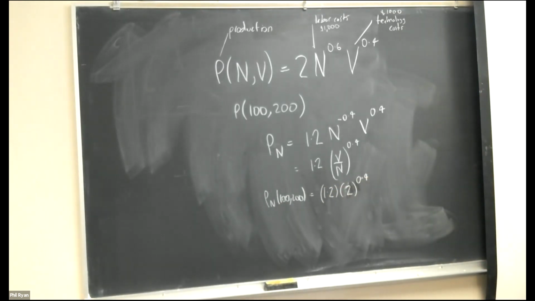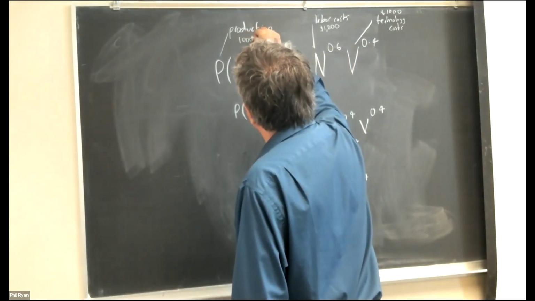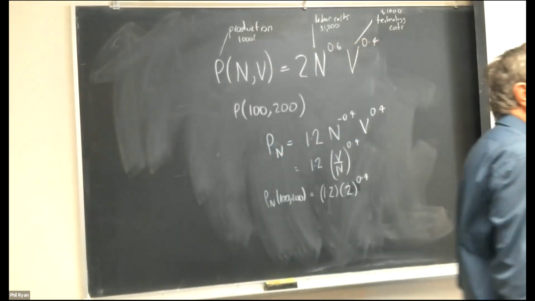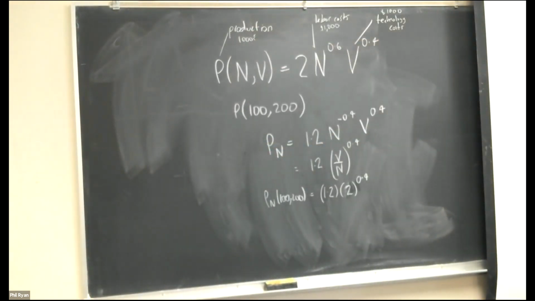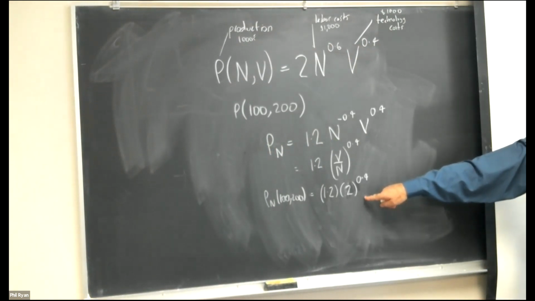And we look at that in our calculator. So let's say production is in thousands of whatever it is we make when you have a printing press. So what does this number tell us?